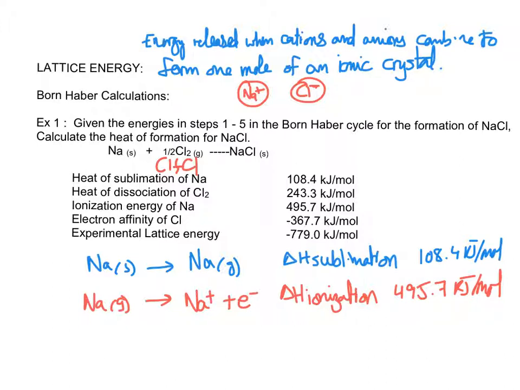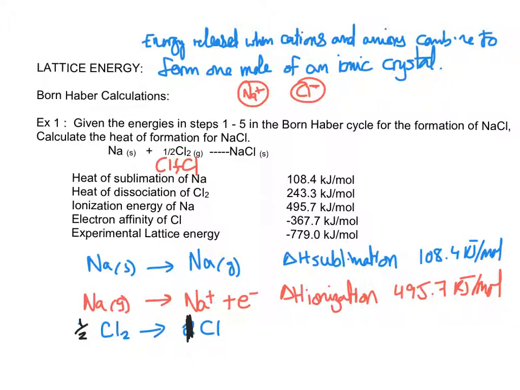So let's show that. So Cl2, breaking that bond to get to 2Cl. And I only need one chlorine. I don't need two of them. So if I half this reaction, so it's really half of Cl2 going to 1 Cl, then that would be what I need. To break that bond, this is called the dissociation energy.